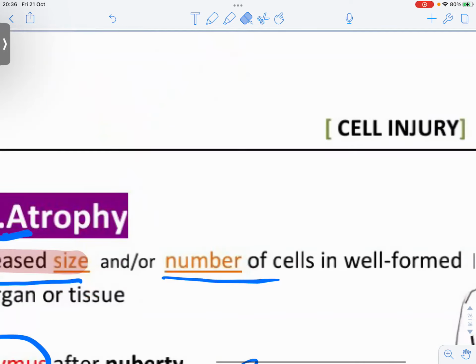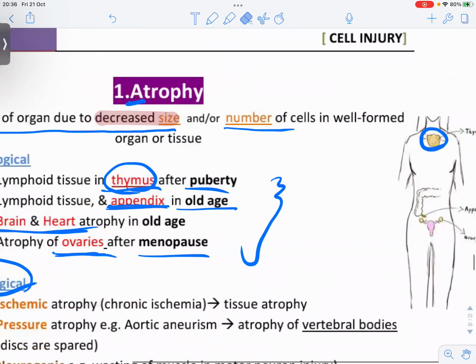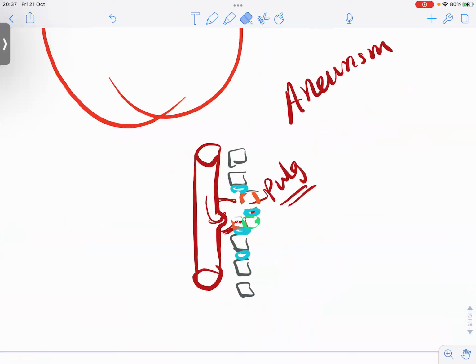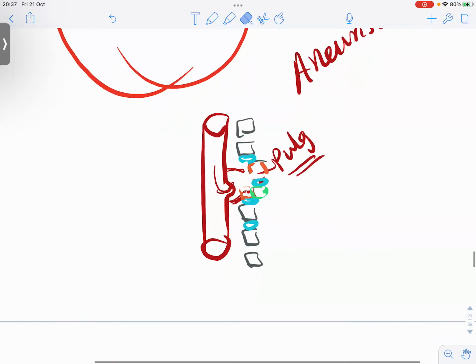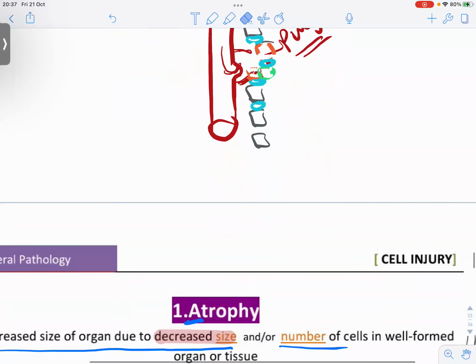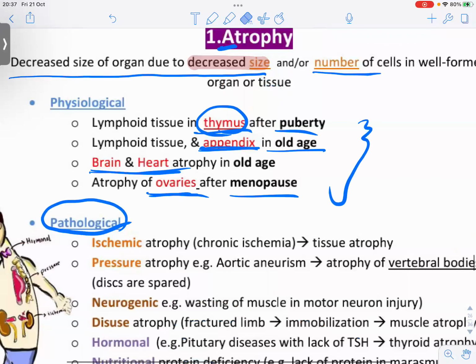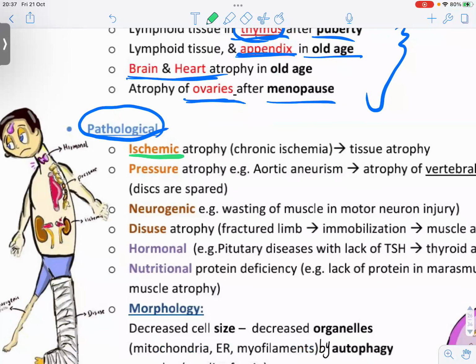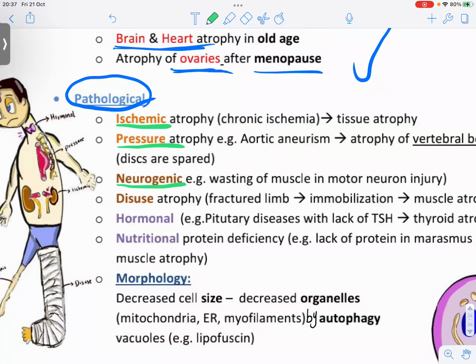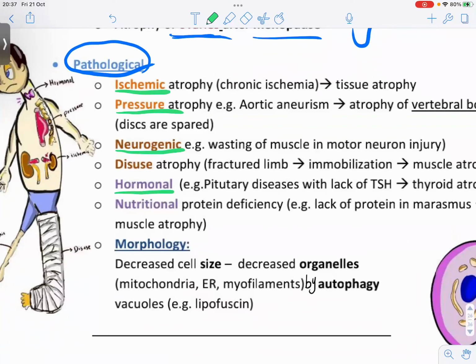It's called pressure atrophy, because the abdominal aortic bulge gives pressure or compresses on the arteries which supply blood to the vertebral bodies. So we talked about ischemic atrophy, pressure atrophy, neurogenic atrophy, and hormonal atrophy.